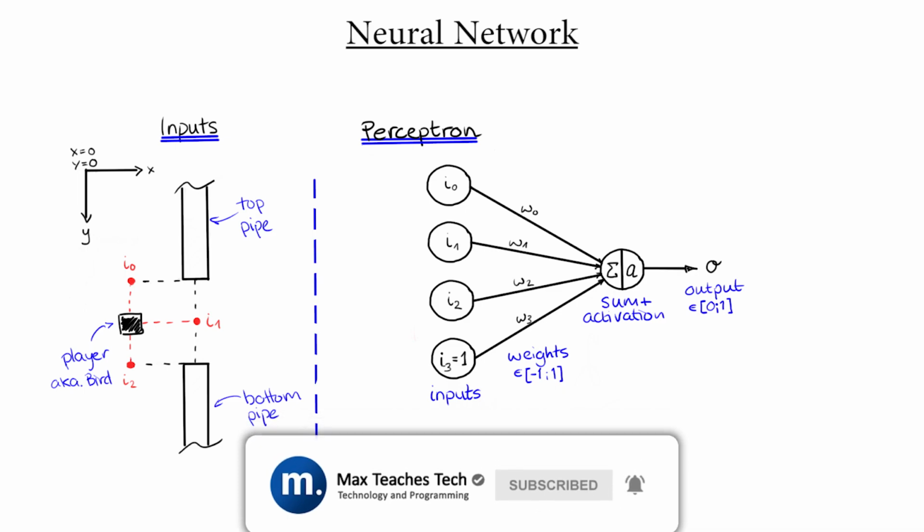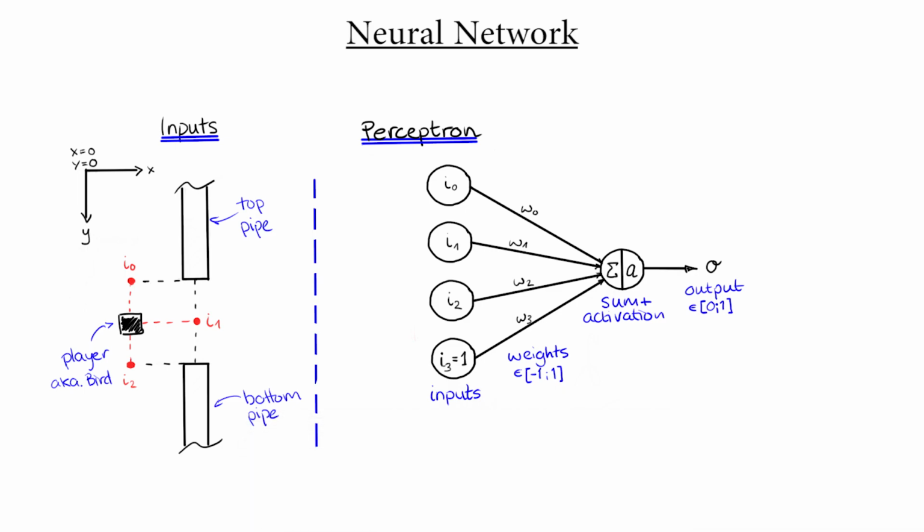And here you can see the perceptron that we're going to build. You can clearly see that there are 4 inputs and 1 output. The inputs I0, I1, and I2, which we can also see on the image under the inputs, are called the bird's vision because they describe how the bird is positioned relative to the pipes.